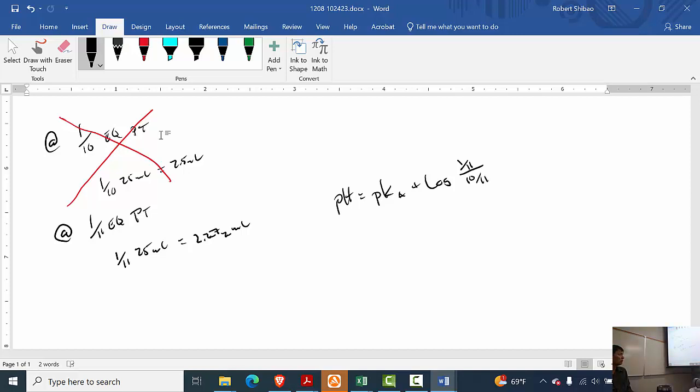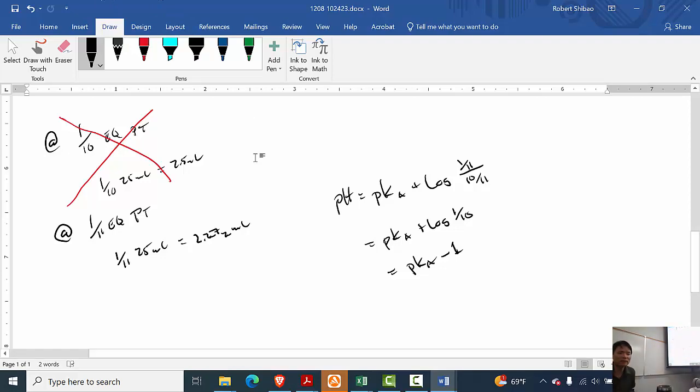So this is going to be pKa plus the log of 1/10, or 10 to the minus 1. Well, if it's the log of 10 to the minus 1, then we bring the minus 1 in front, and this becomes pKa minus 1.